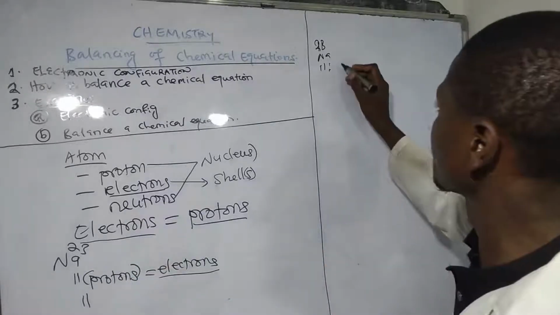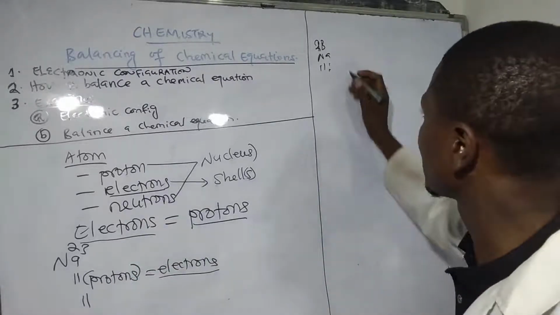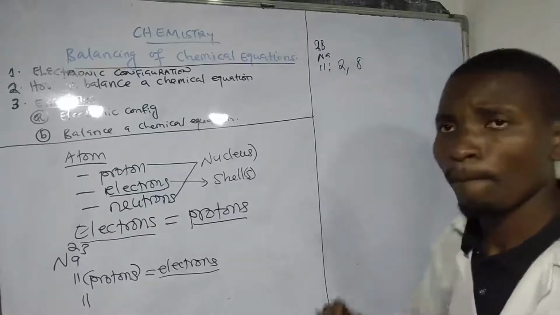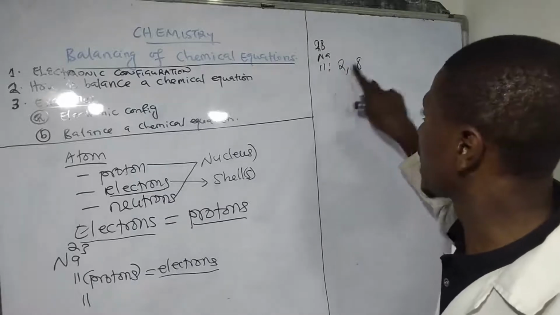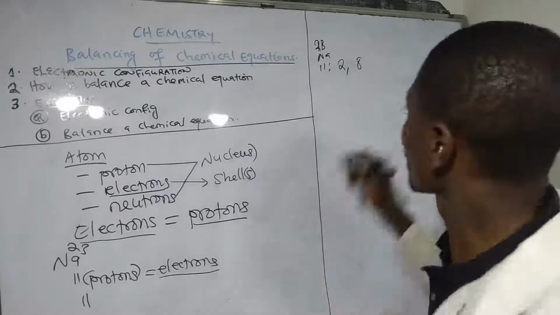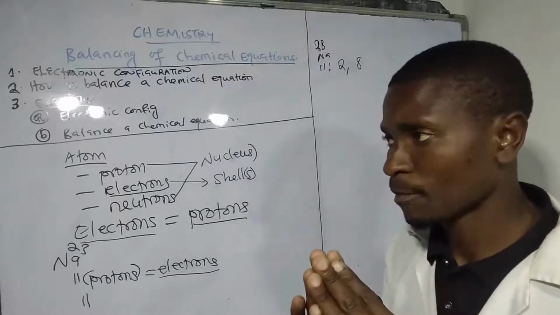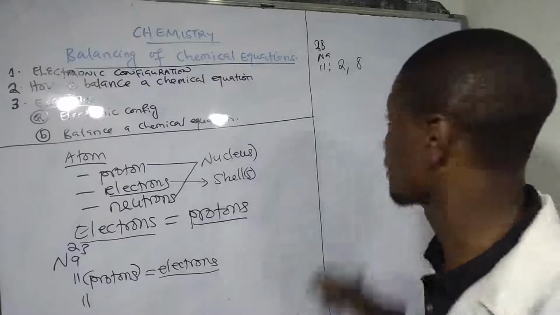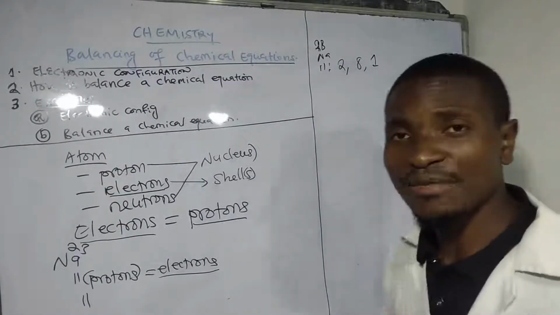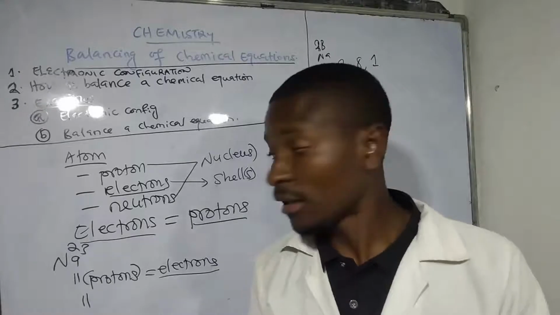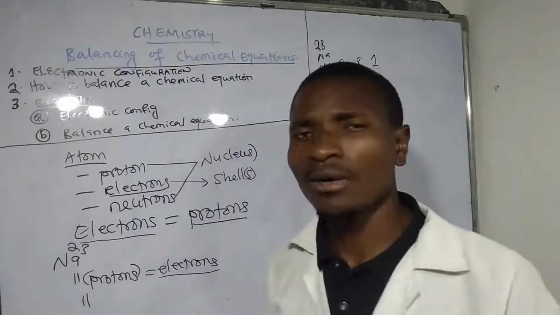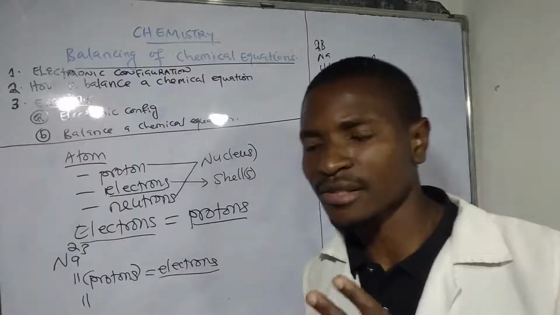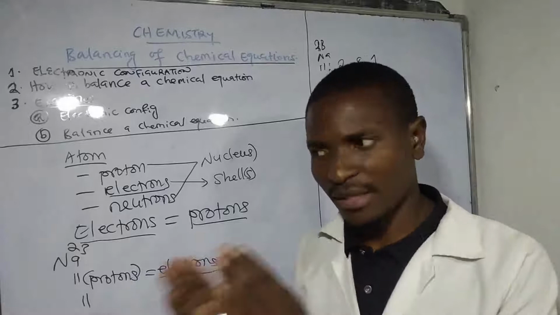Whenever you're doing an electronic configuration, the first number is 2, followed by 8. When you add 2 and 8 together, it gives you 10. But now, what number remains so that you get 11? It's just 1. So that means I've configured sodium. Now, these numbers that you have configured give us some information that is very cardinal about that element.